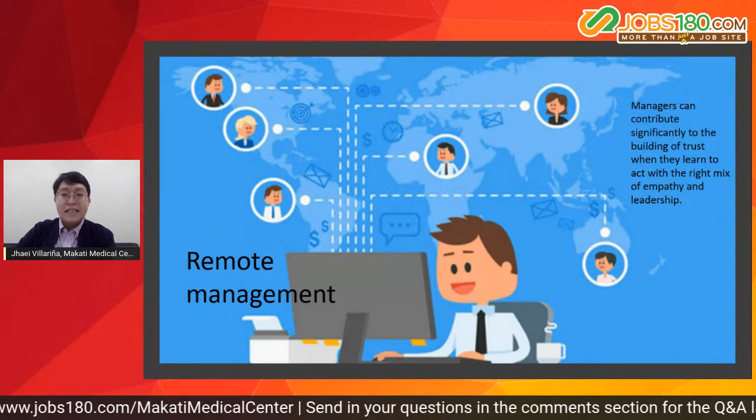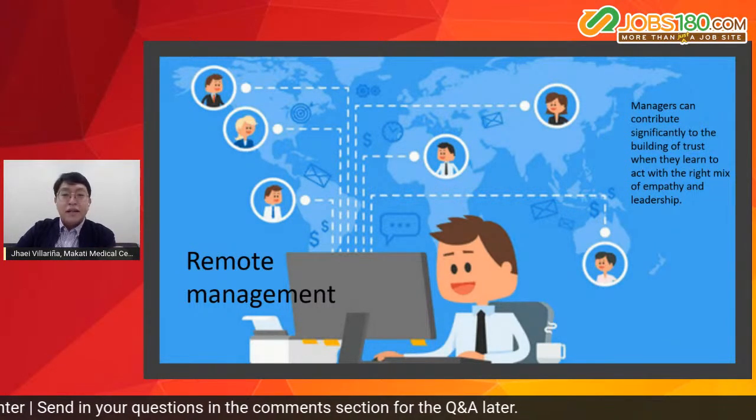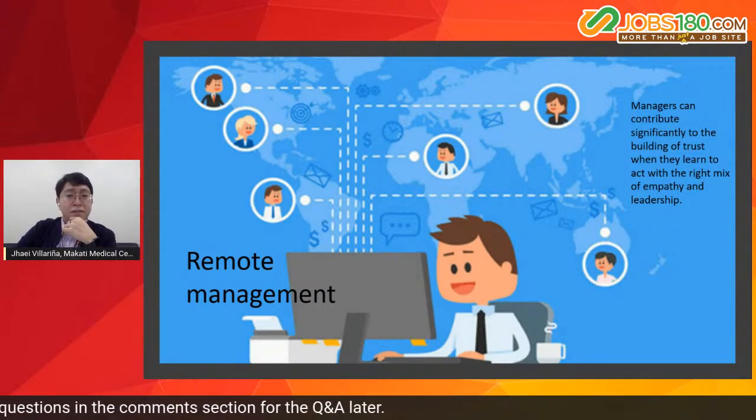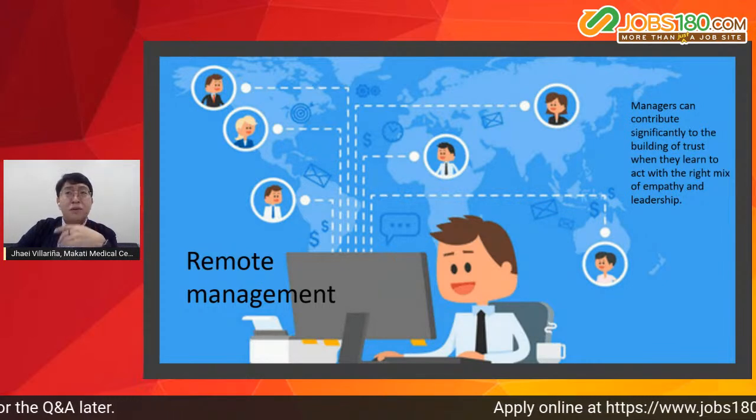Whenever there is a lack of trust between employees and their superiors, friction is more likely to arise in the virtual working environment. So of course there are pros and cons.